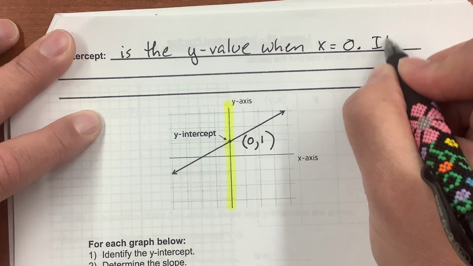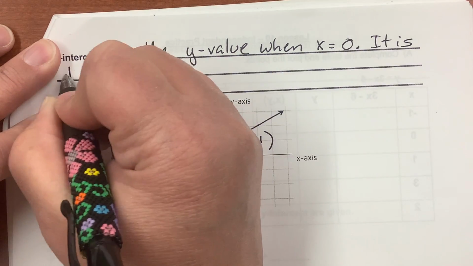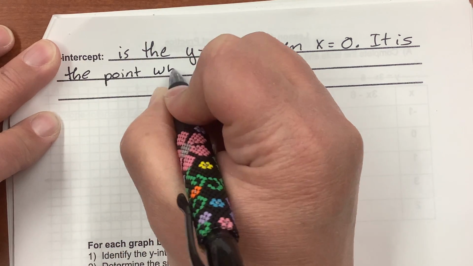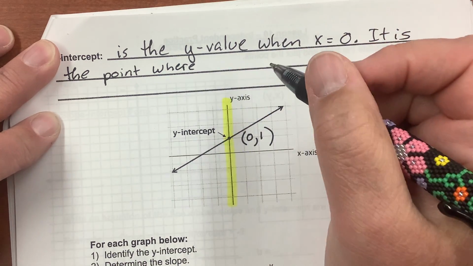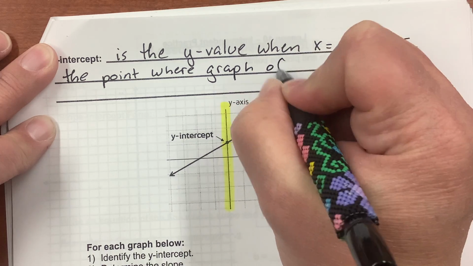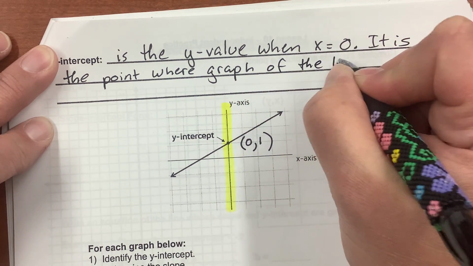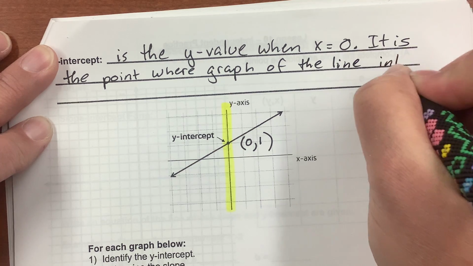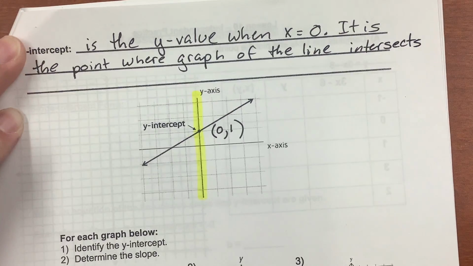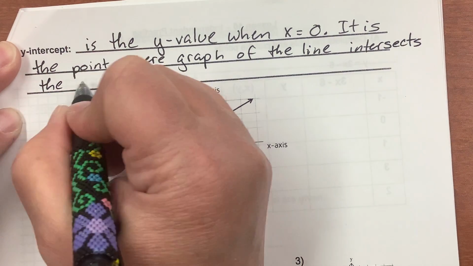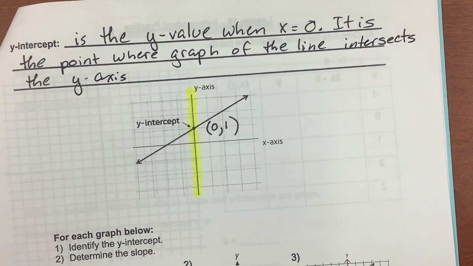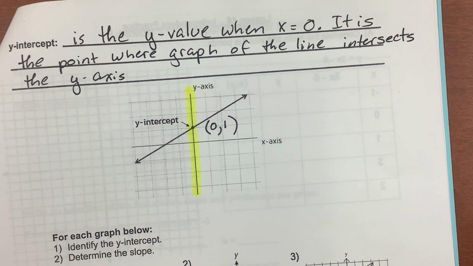It is the point where the graph intersects the y-axis. Okay. And you use the letter B for the y-intercept.